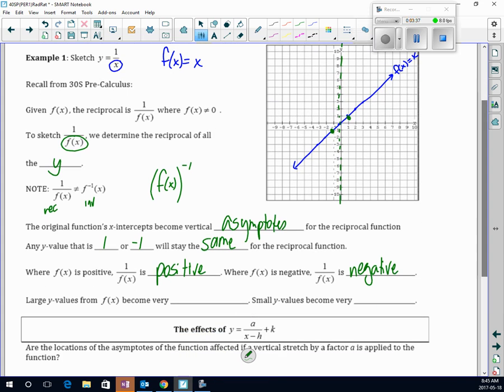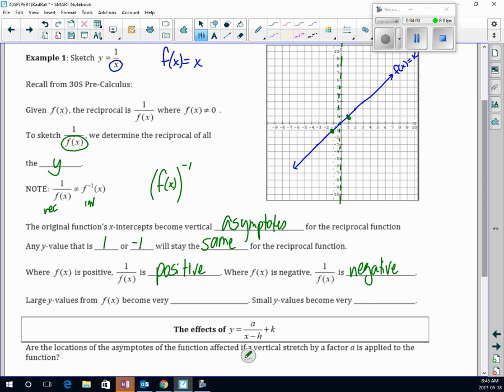Now here's the huge thing, and this leads us into the concepts of calculus actually, is large y values. If you think of the largest y value you can think of, and infinity is not a value, it's a concept, so let's just say 1 million, right? And we reciprocate 1 million, so we get 1 over a million. It's like the smallest number you know, right?